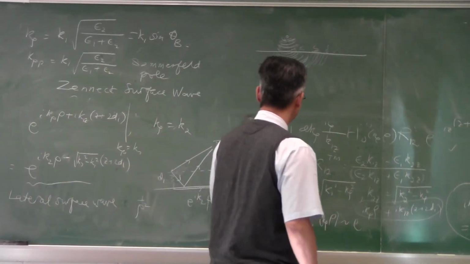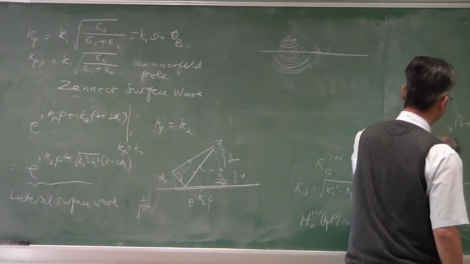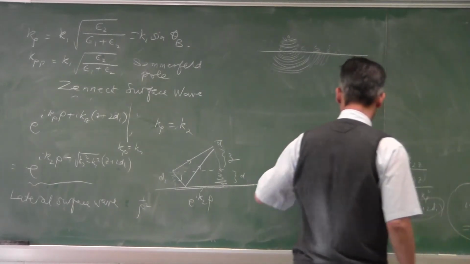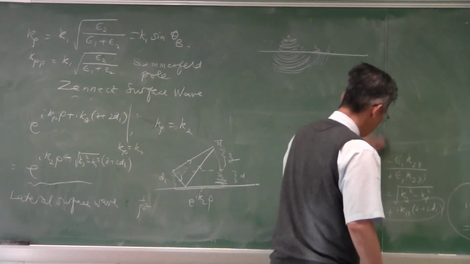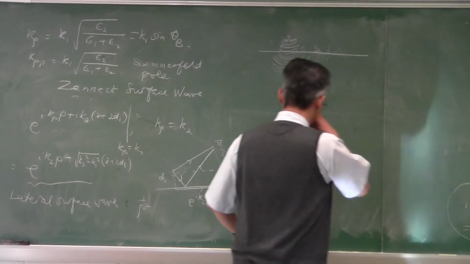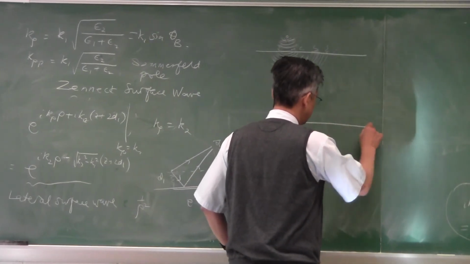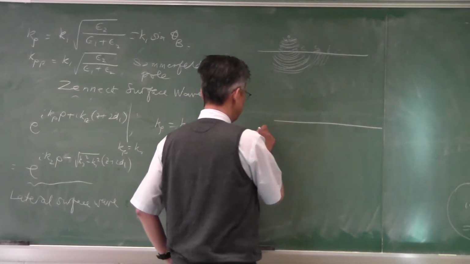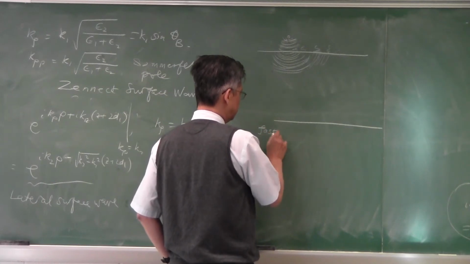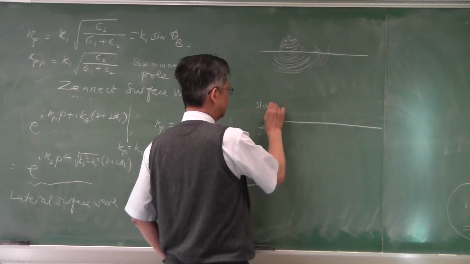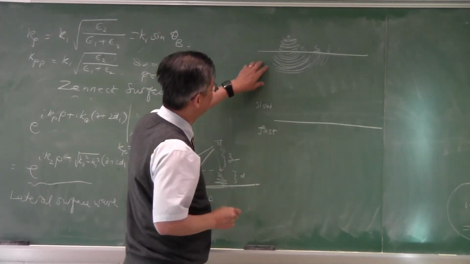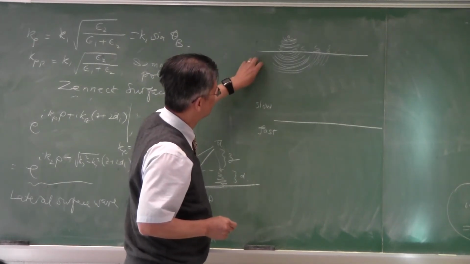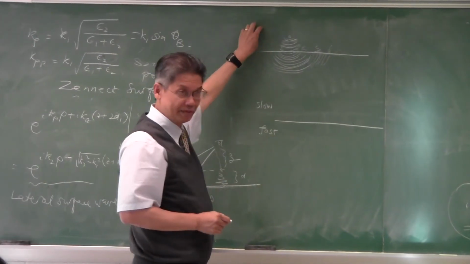If you're in acoustics, this can come about. You can have a fast medium, a slow medium, okay? But in electromagnetics, this is fast, this is slow. Optically more dense, optically less dense.